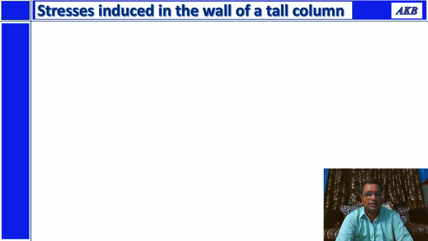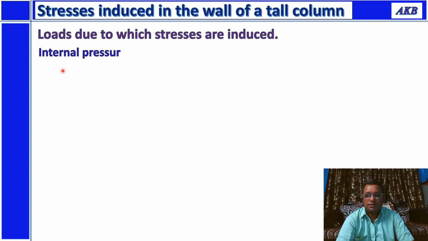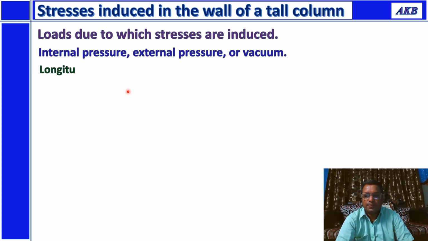To start with, let us understand what are different loads that need to be considered while designing a typical tall column. So loads due to which stresses are induced. What are these loads? So you have internal pressure, external pressure, or vacuum. I have talked about this in one of my earlier videos. Please go and watch that.